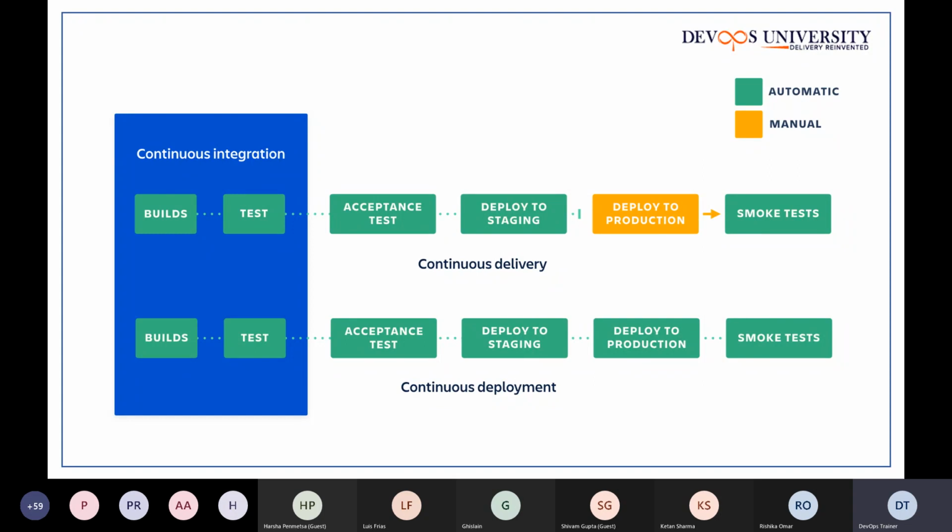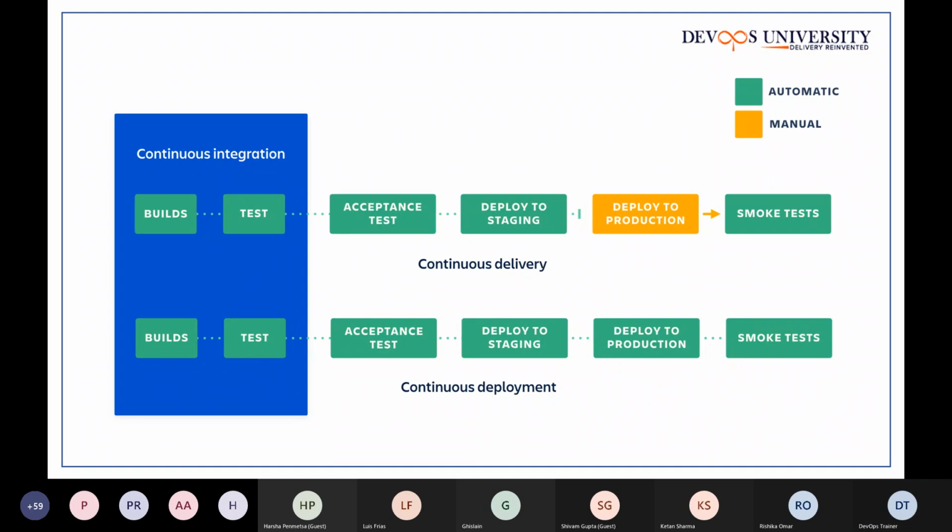So continuous deployment is like taking the source code from the code repositories and moving it on. So we are not just keeping our source code in the code repository. We are moving that to the actual environment. That's what we refer to as continuous deployment here.